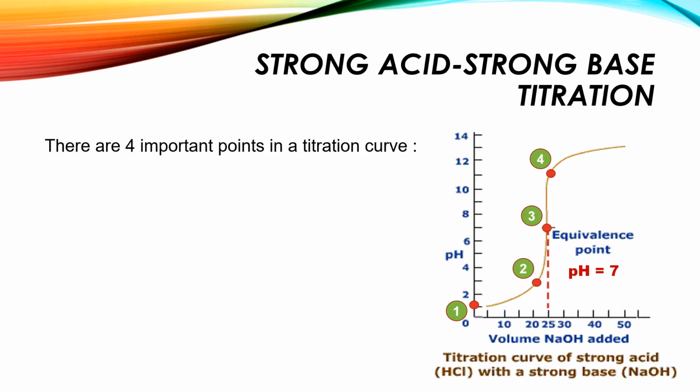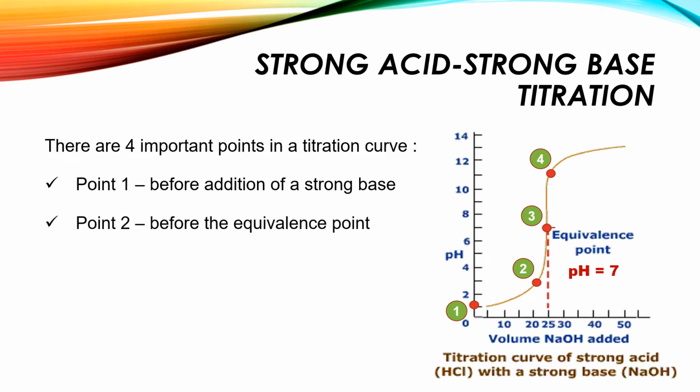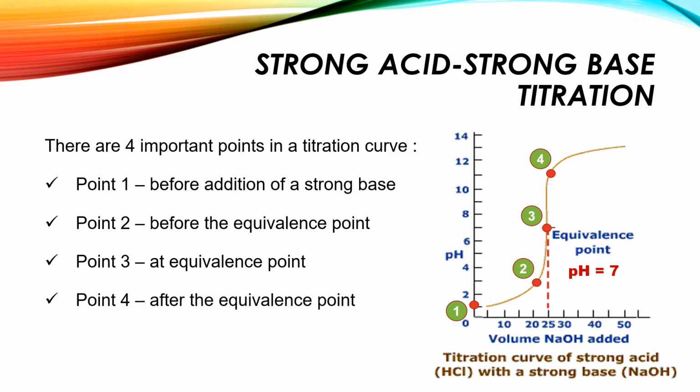There are 4 important points in a titration curve. Point 1 is the point before addition of a strong base. Point 2 is the point before the equivalence point. Point 3 is the point at the equivalence point. And point 4 is the point after the equivalence point.